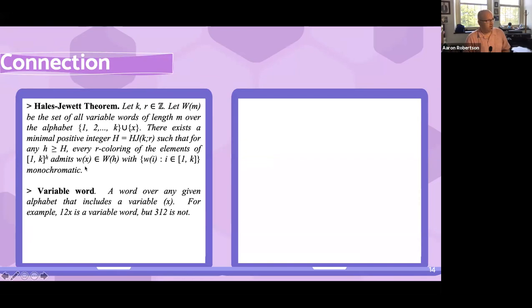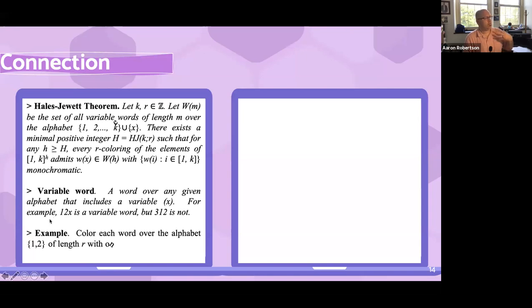There's some variable word where if I plug in the integers 1 through k, w of i is monochromatic. So if I plug in 1 here, I get 1, 2, 1, which is, say, red. If I plug in 2, I get 1, 2, 2, which is also red, etc.